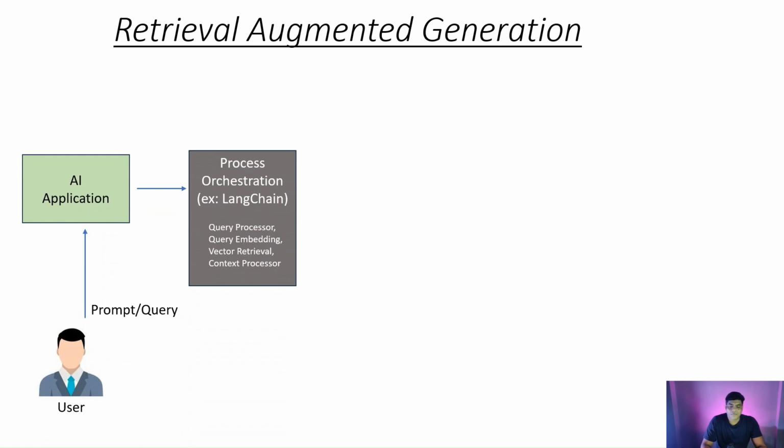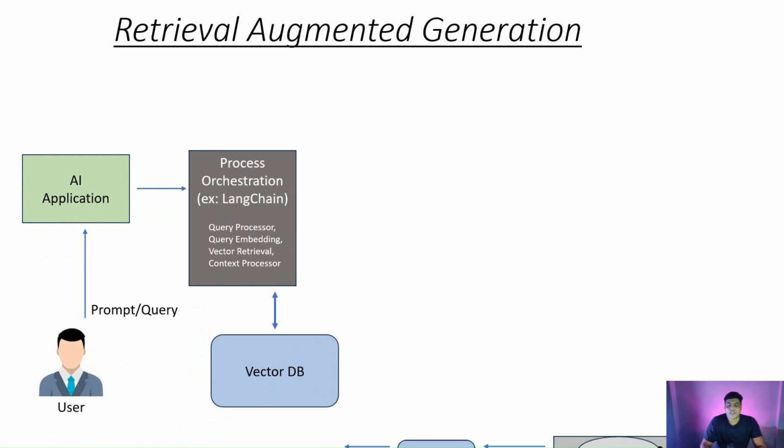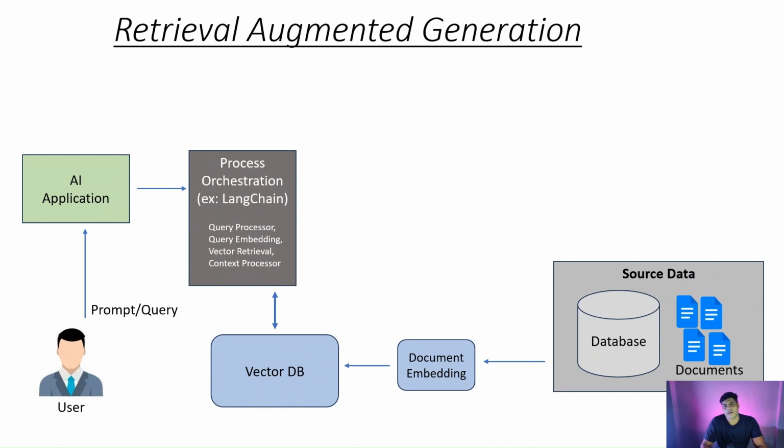It is going to retrieve the data from a vector database. So the vector database stores all the information of your organization's internal data, which is embedded from your source data. This could be documents, databases, images, any of that.